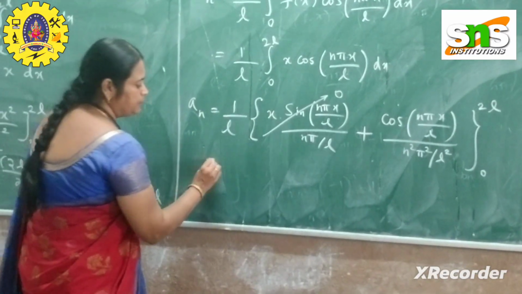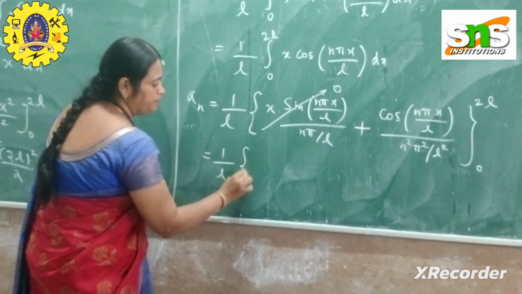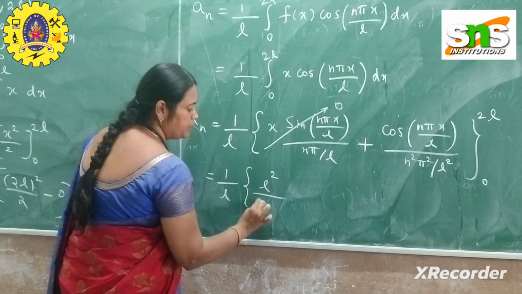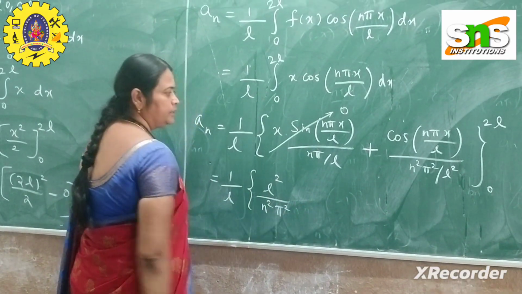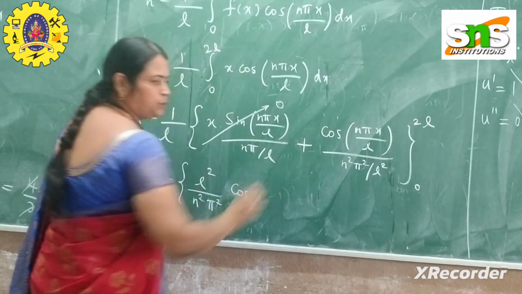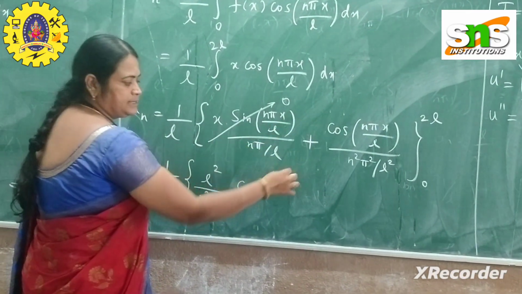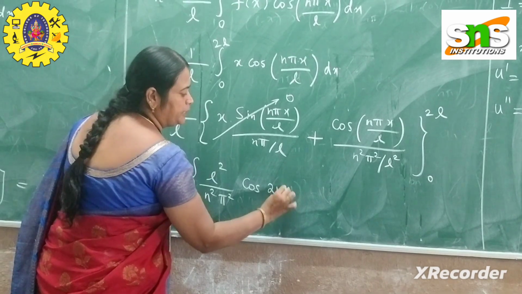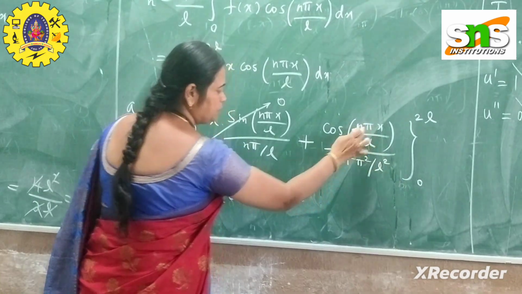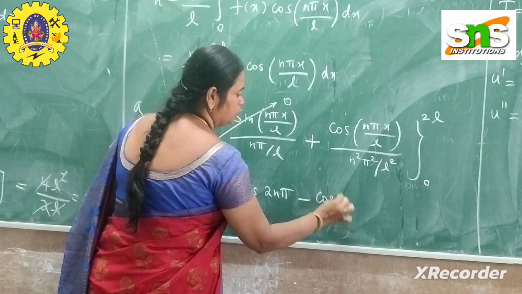For the cos term let me apply the upper limit. So 1 by L into, when this term comes to the numerator it becomes L square by n square pi square into cos of, when you apply the upper limit 2L, L and L get cancelled, you get cos 2n pi minus, when you apply the lower limit 0, cos 0.